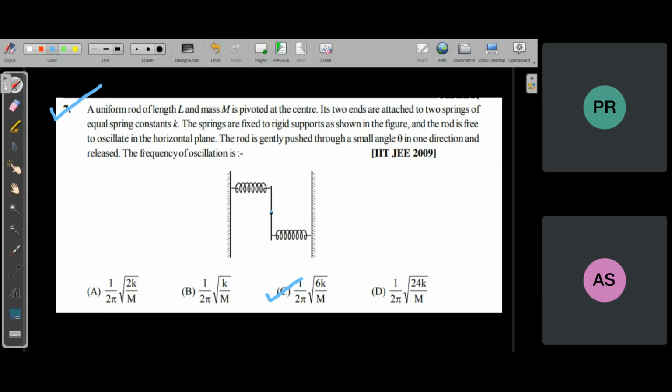this point, center. Which point have you taken?